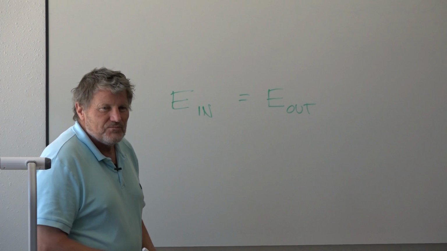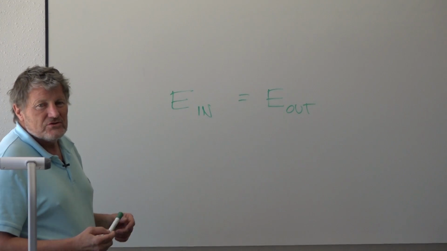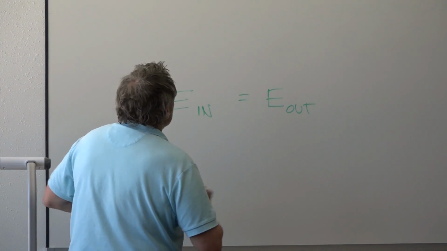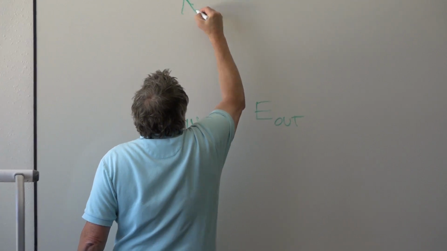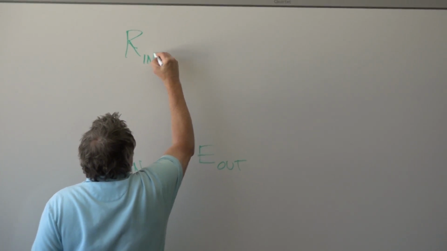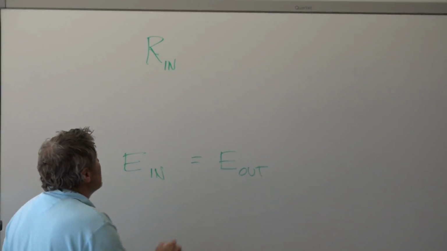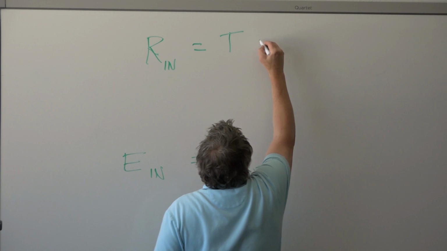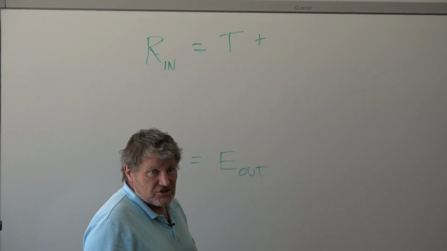So right away, if we can measure these components, we can calculate the missing components. So in the simplest sense, if this is radiation in, so for now we'll do R for radiation. Over here we have transpiration plus conduction and convection.